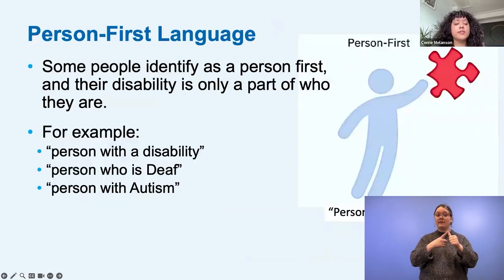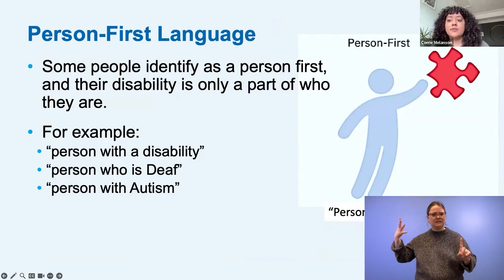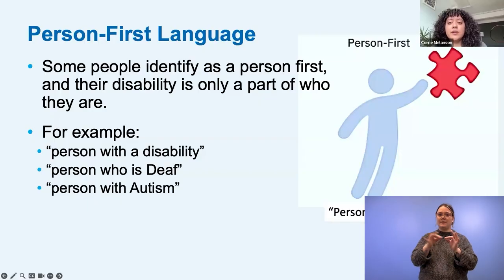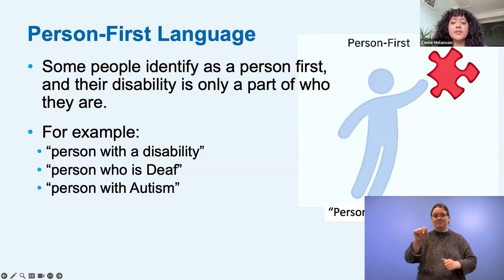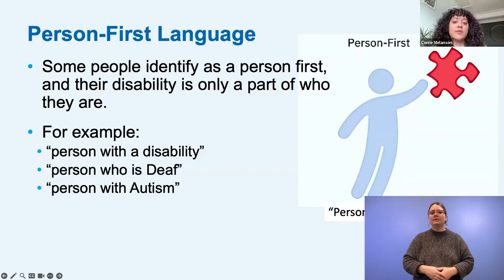And so this brings us to person first language. So to expand on our understanding of disability language, the key to remember is that people with disabilities identify in many ways. And some people identify as a person first, and their disability is only a part of who they are. This is person first language.